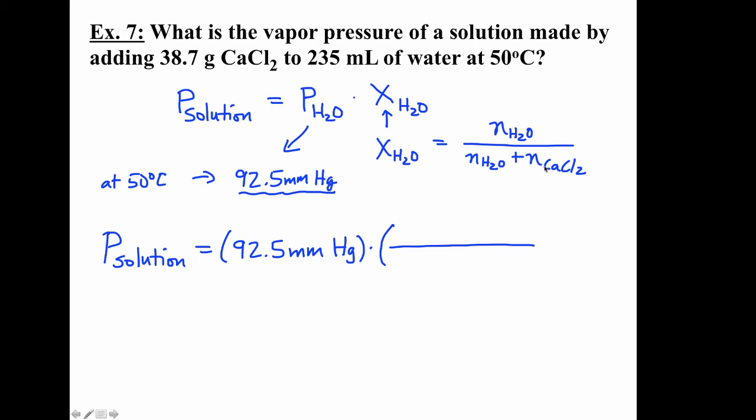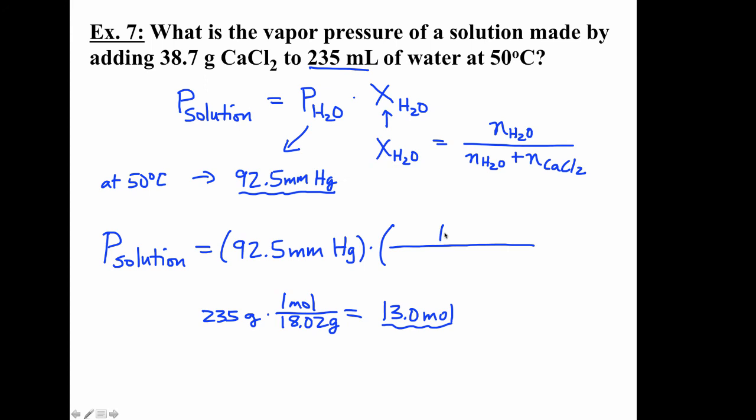And notice we already know the moles of calcium chloride from the previous problem, but we are going to have to calculate the number of moles of water, and 235 milliliters of water is about 235 grams of water. Water is about 18.02 grams per mole, and that works out to be about 13.0 moles of water.